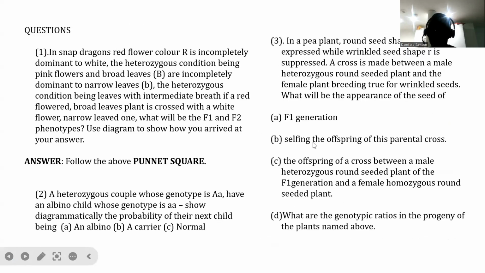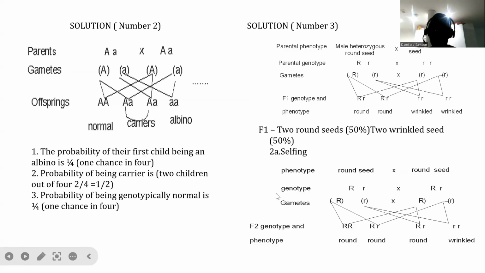The other one now says selfing the offspring of this parental cross. So what does it mean to self? Self means you take two offspring from the first cross and two offspring from the second.